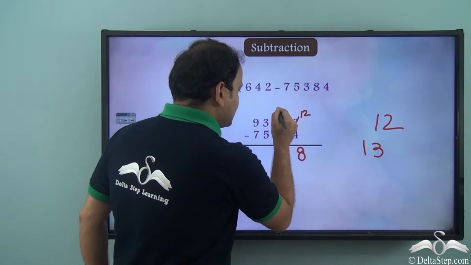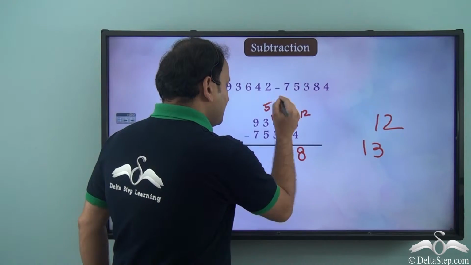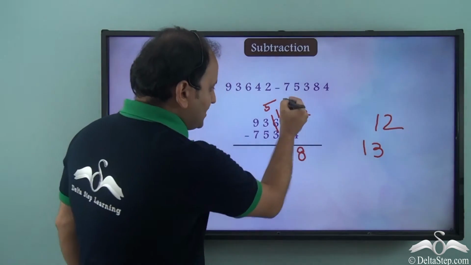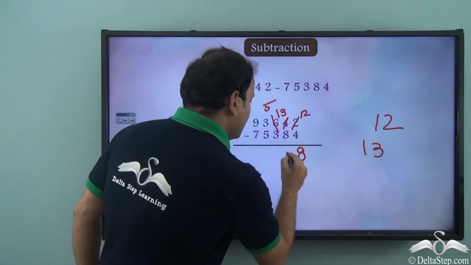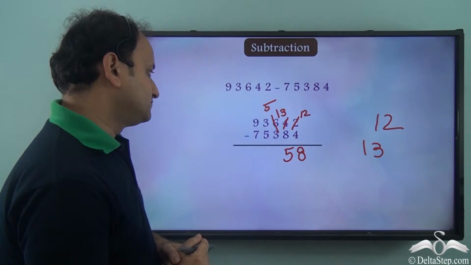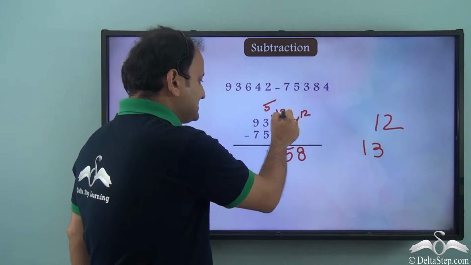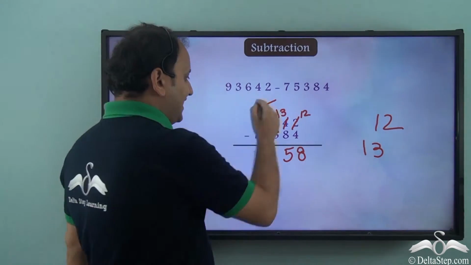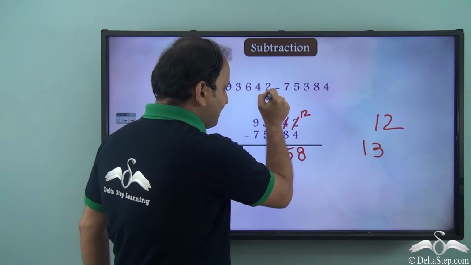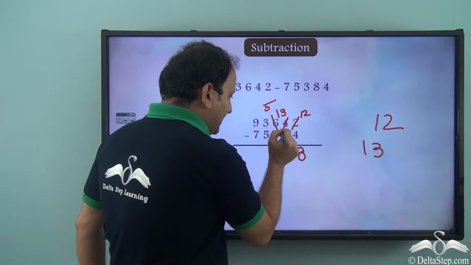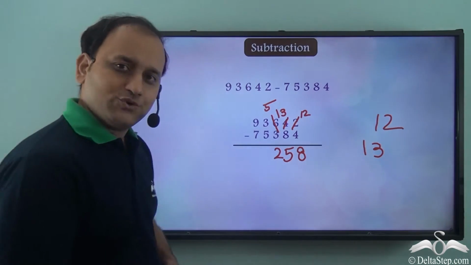So this becomes 13 and 6 becomes 5. Now 13 minus 8 will be 5. And now next we move here. We already know 6 has become 5 because it gave 1. So we have 5 here and 3 here. 5 minus 3 is 2.